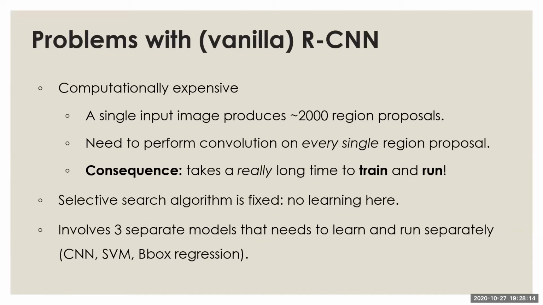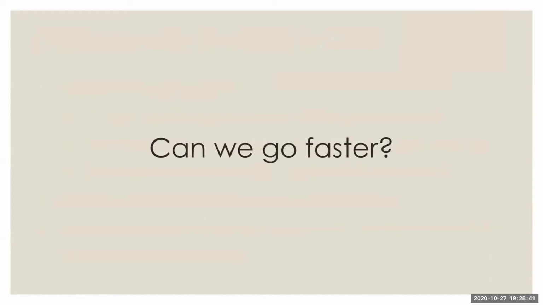And then lastly, RCNN involves 3 separate models that need to learn and run separately, as you saw before. It has the CNN, it has the SVM, and then it has the bounding box regression. So this is the main reason that RCNN is not really used today. But not to worry, because RCNN actually laid the foundation for later modified models of RCNN, which are state of the art today. So the question is, can we go faster?